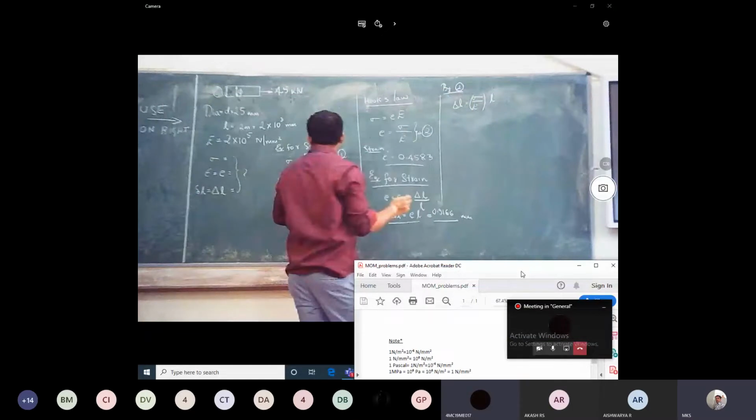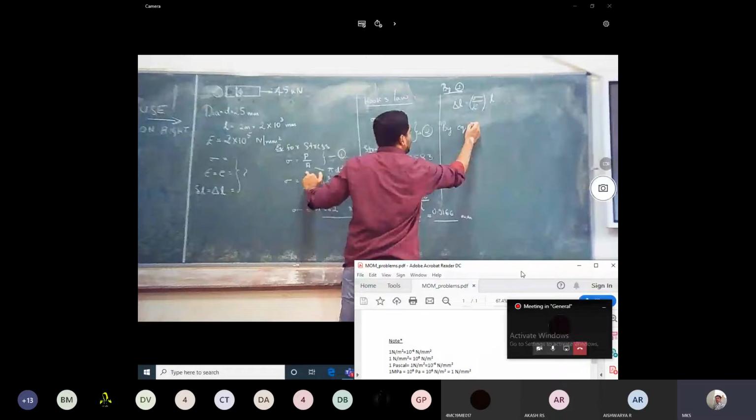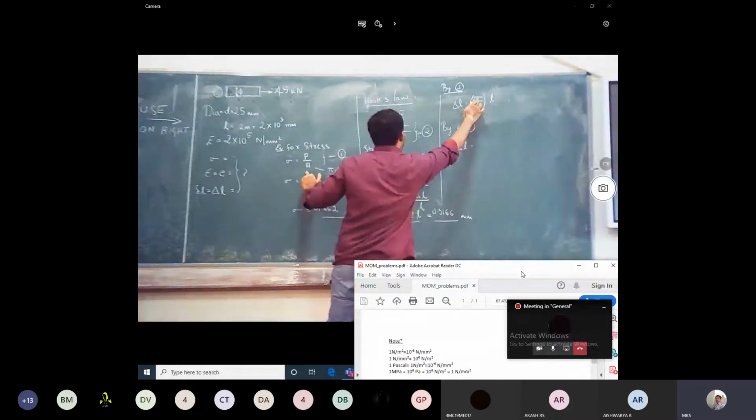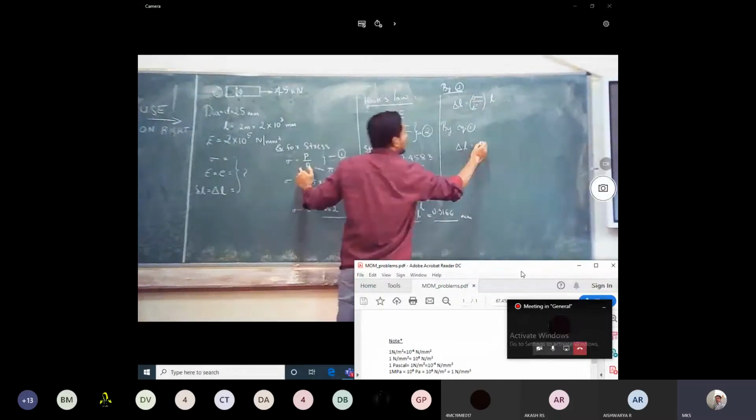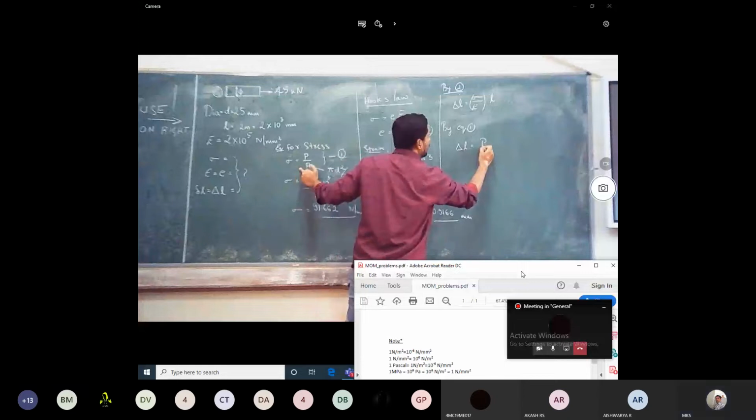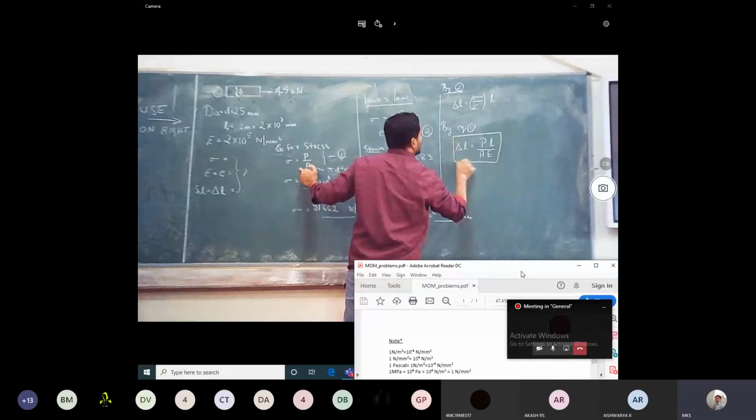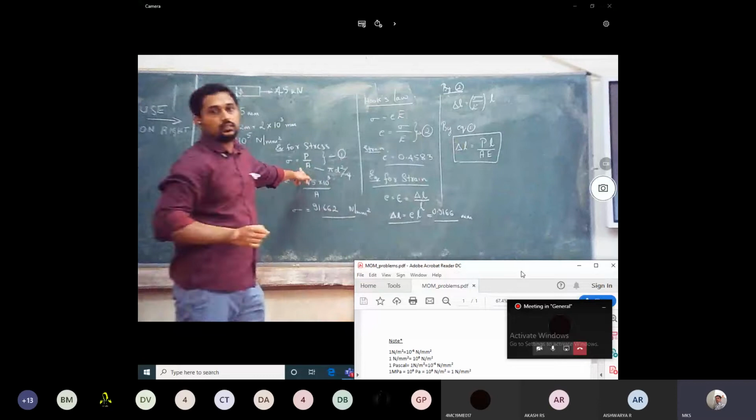Then by equation 1, stress is equal to P by A or F by A. So substitute this stress value in this equation also. We can write delta L is equal to sigma, that is P by A, into L by Young's modulus.